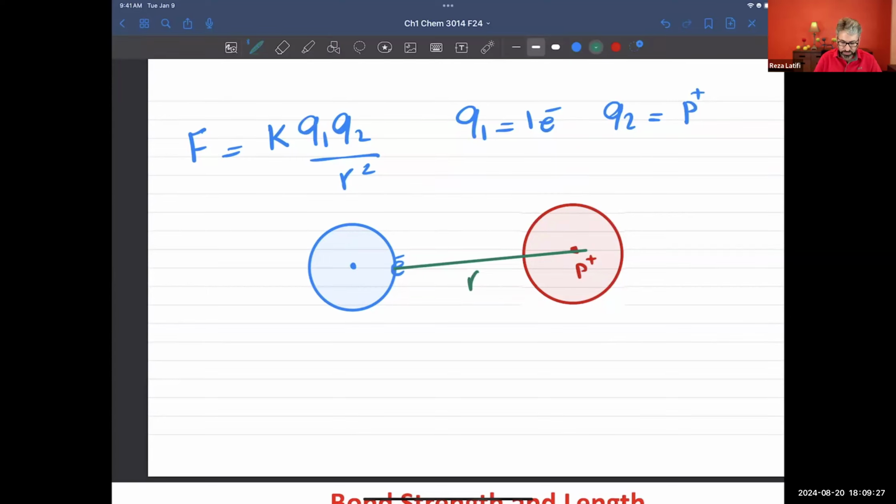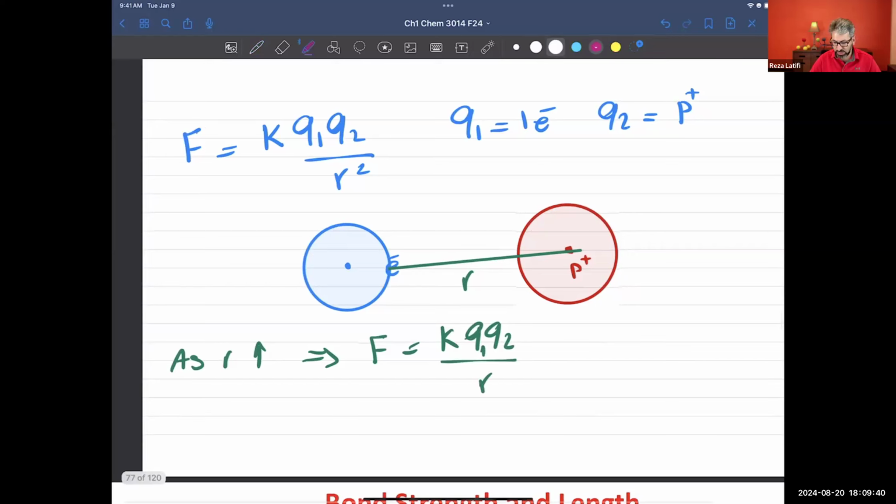As R is in the denominator, and Q1, Q2, and K are not changing, only R is changing. As R goes up, force will go down.